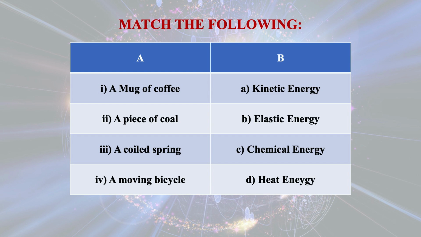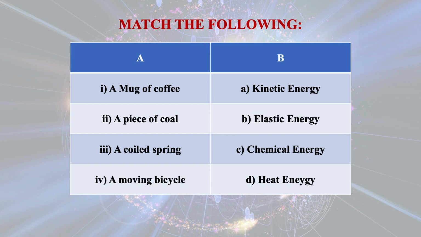A coiled spring, when the spring is compressed, a potential energy, we call it the elastic energy, is stored within the coil, and it is expressed as half kx square, where k is the spring constant and x is the compression of the spring.